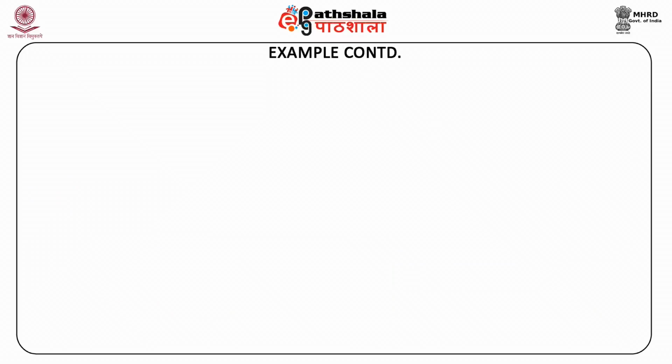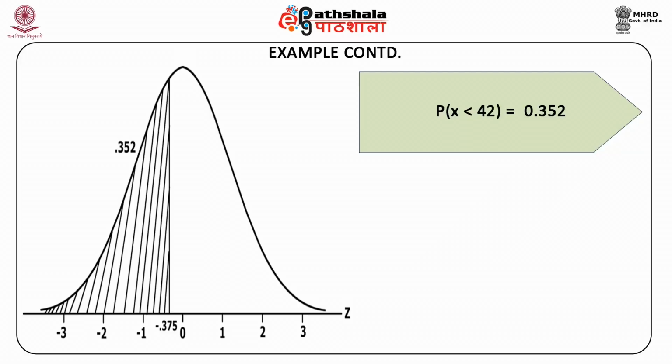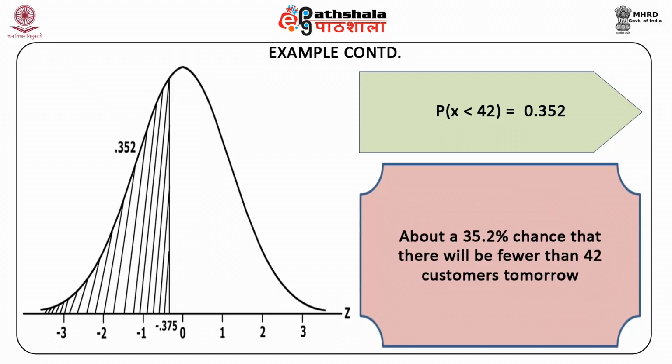Next, we use the z value table to find the probability, which amounts to 0.352, where we have rounded the raw score to minus 0.38. This is also illustrated in the figure. We can conclude that probability of x less than 42 is equal to 0.352. That is, there is about a 35.2% chance that there will be fewer than 42 customers tomorrow.